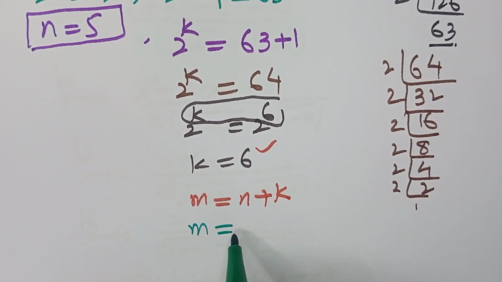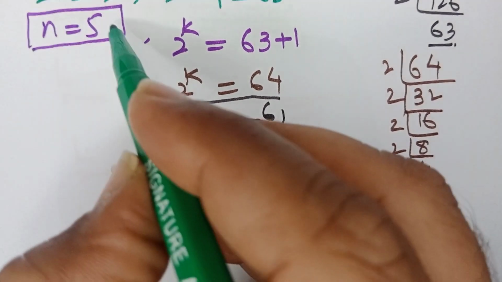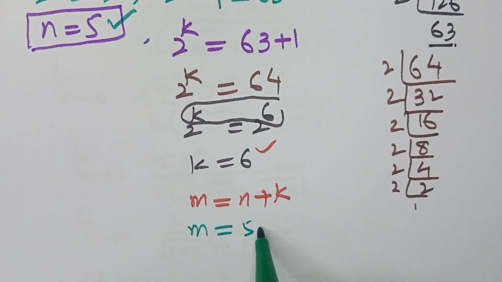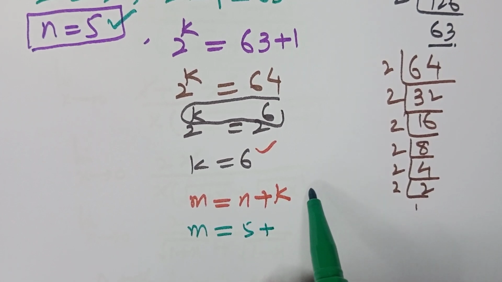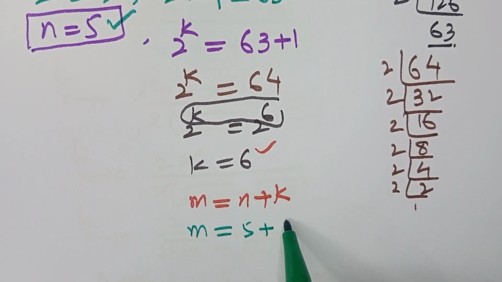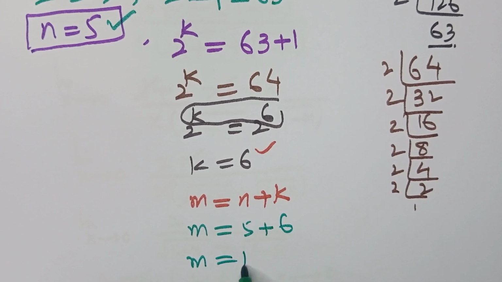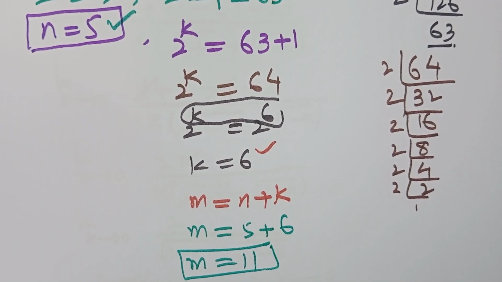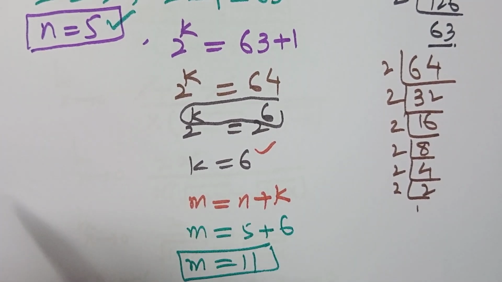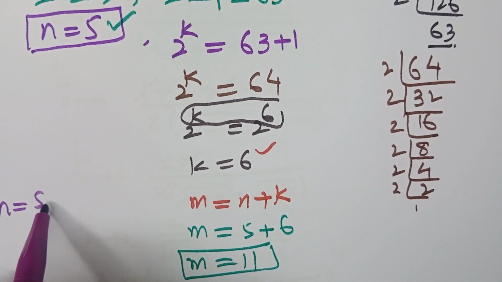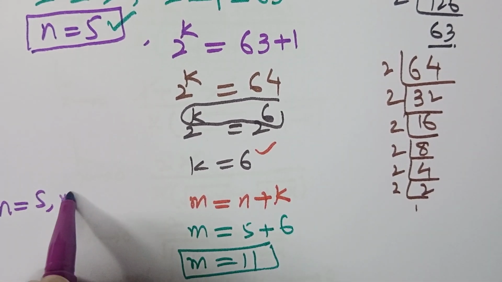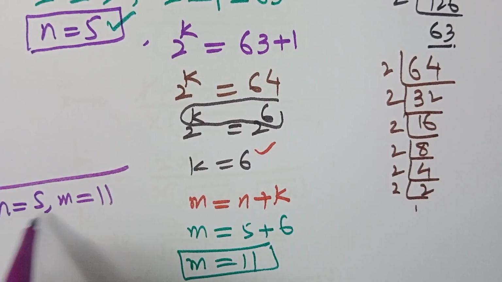Now the value of n is 5 plus k is equal to 6. So m is equal to 11. So the final answer is n is equal to 5 and m is equal to 11. This is the answer.